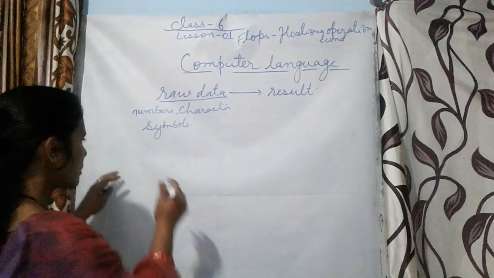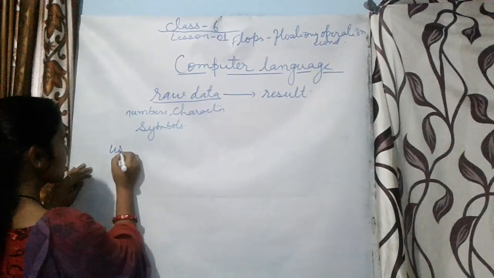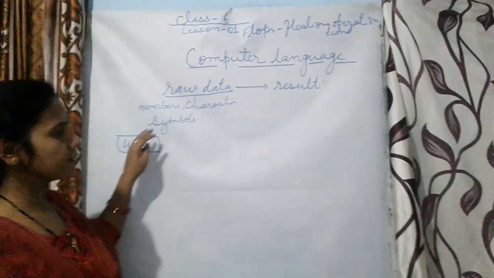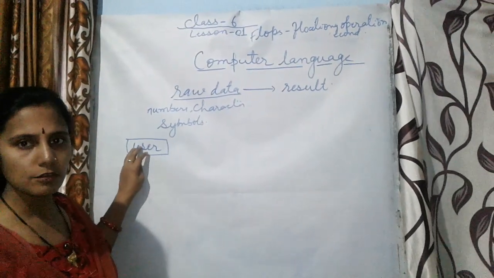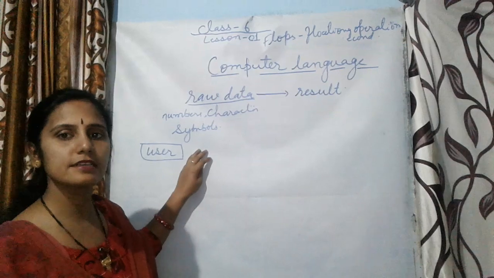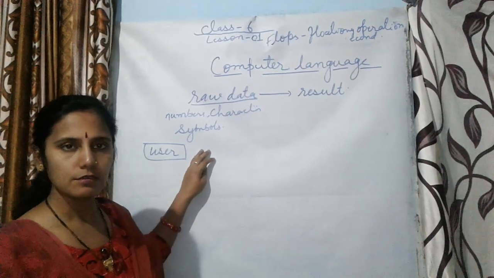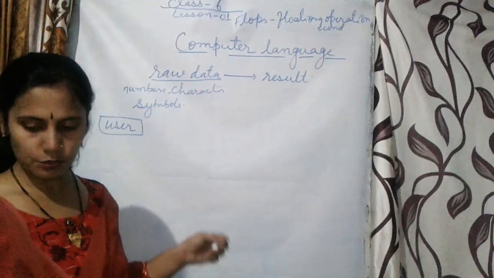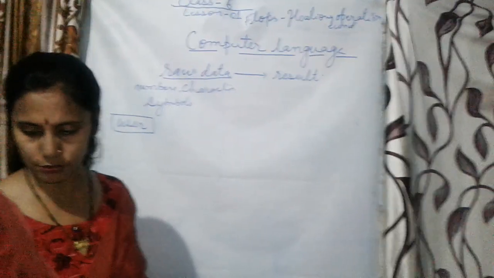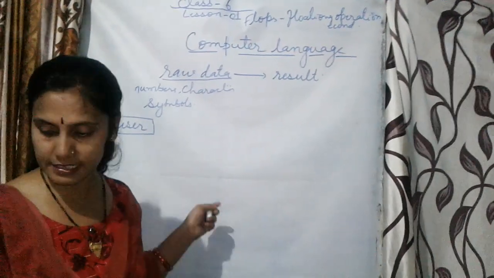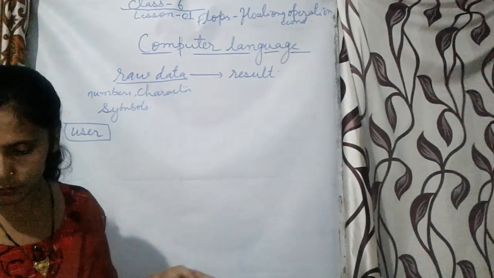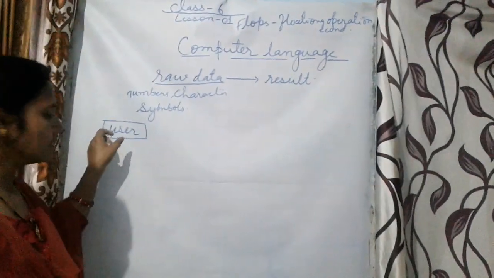First of all, the user enters the raw data by typing or by using the mouse. The user has to give instructions to the computer to make it understand what we want it to do to get the work done, which are sent to the computer with the help of input devices.